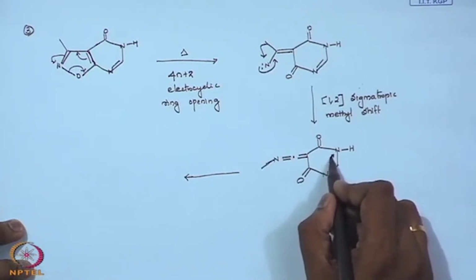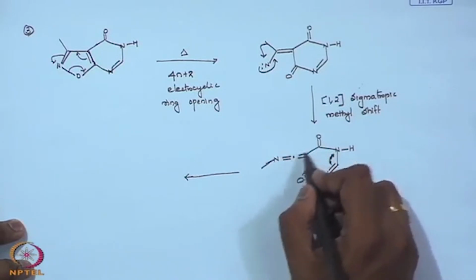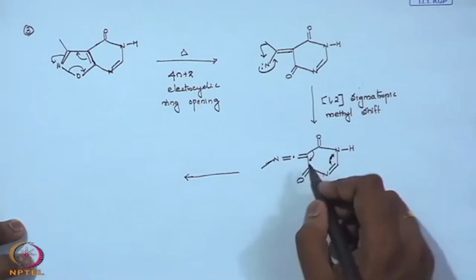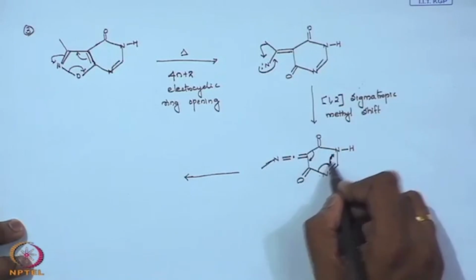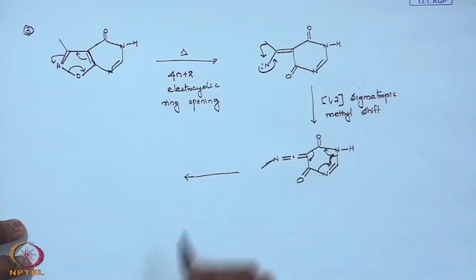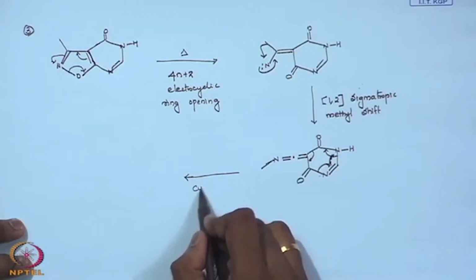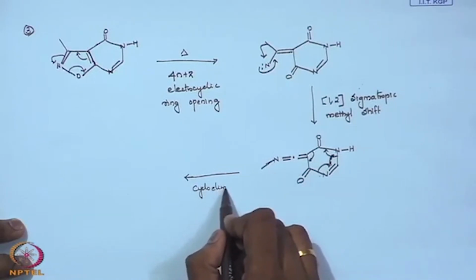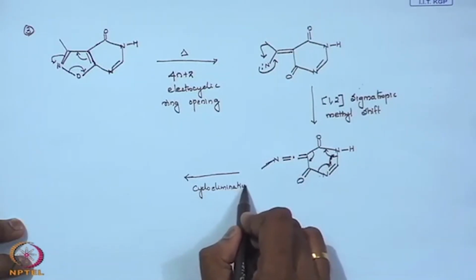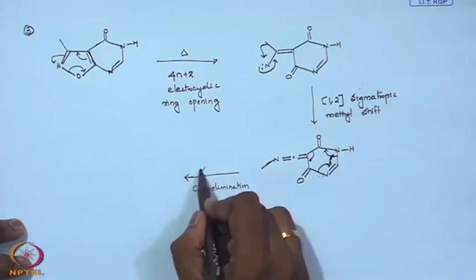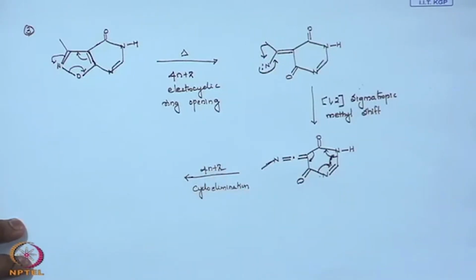It's called a cyclo-elimination type of ring opening. So they call it a cyclo-elimination. It's nothing but a 4n+2 system, right?